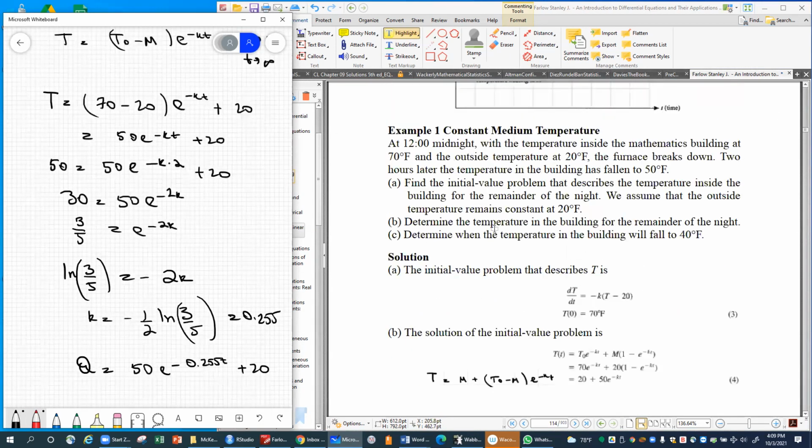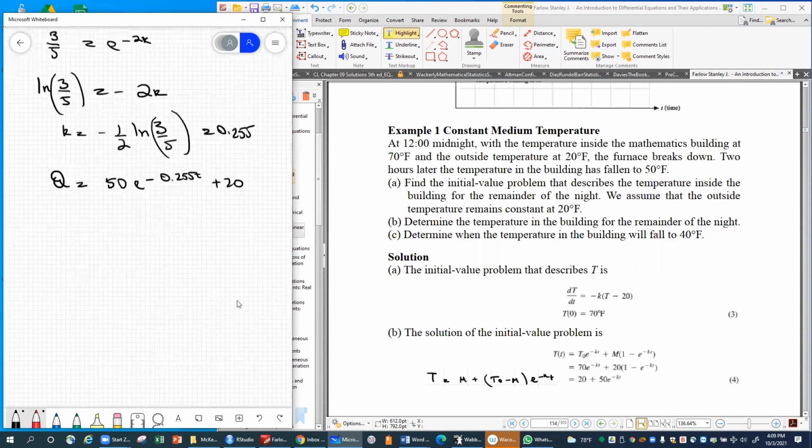So what questions do we have? Temperature of the building for the remainder of the night is this. So determine when the temperature will fall to 40 degrees. Really bad. So if we set this equal to 40, 50 e^(-0.255t) equals 40 minus 20, which is 20. So after dividing, we get 2/5 equals e^(-0.255t), and taking the log, minus 0.255t equals log 2/5.